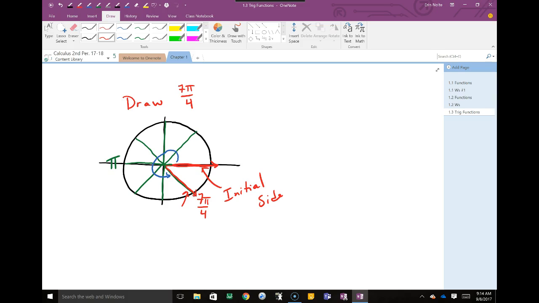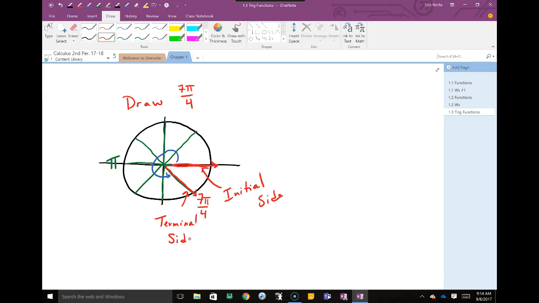Think of an airplane at the airport. Terminal! Terminal, there it is. Terminal side. Terminal in reference to your place of destination. So you gotta have this little arrow showing us how you got there.